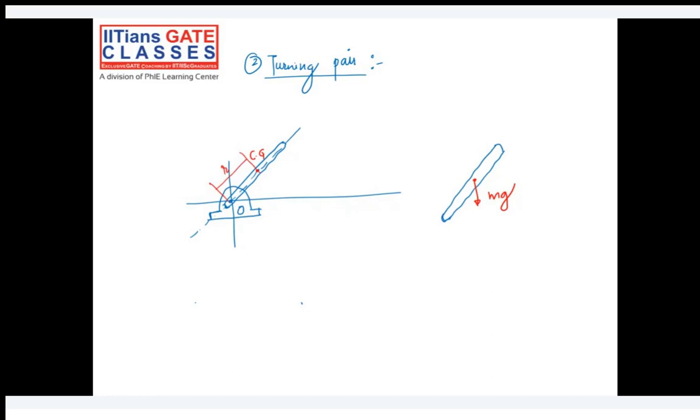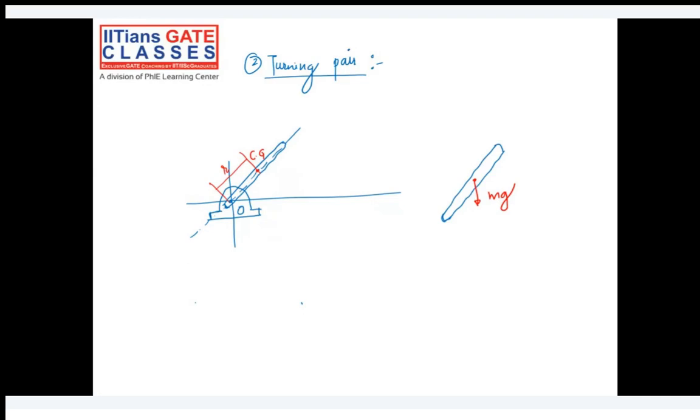So can you tell me, apart from mg, what you can expect here? Will this mg force create some moment about the center of rotation? For example, you are applying some torque.